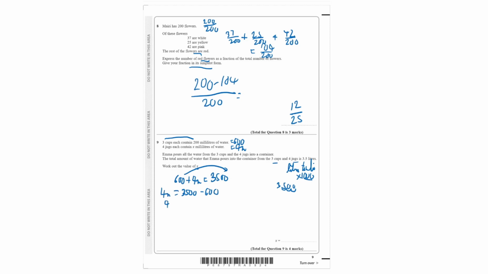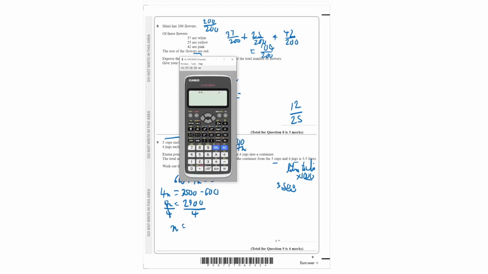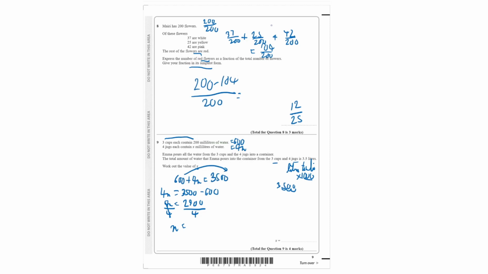And we get 4x is equal to 2,900. We can then divide both sides by 4 to isolate x. Divide by 4. X is equal to 2,900 divided by 4, which is 725. 725 milliliters.